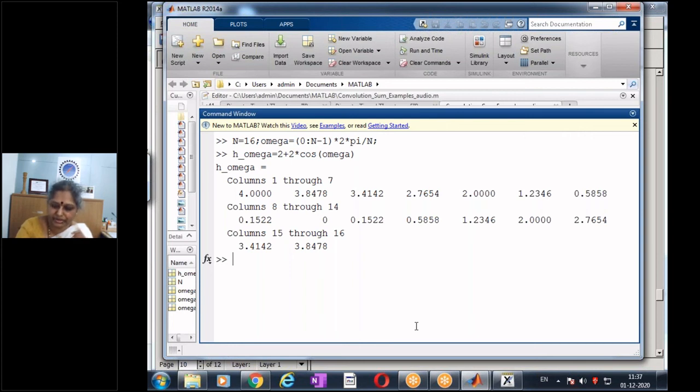So I have 3.8, then 2.7, then 1.2, then 0.15 and so on.